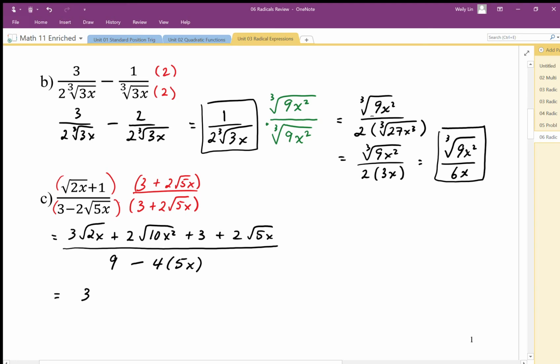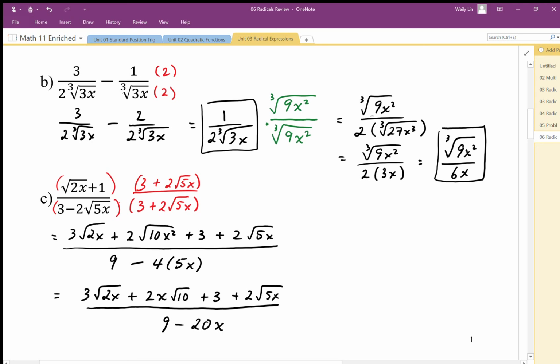So the numerator is going to look like this: 3 root 2x plus 2x root 10 plus 3 plus 2 root 5x. Okay, again, there's still no like term, so I'm not going to combine anything there. And this just becomes 9 minus 20x.